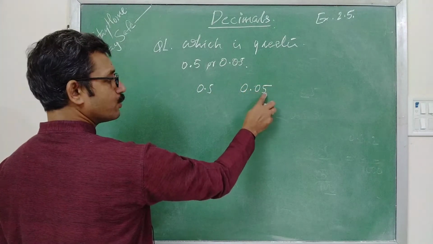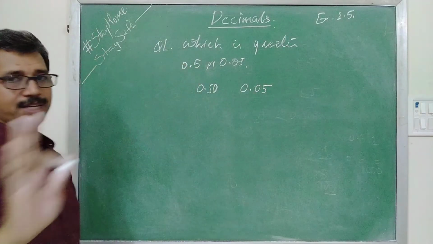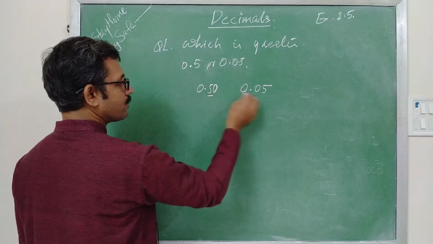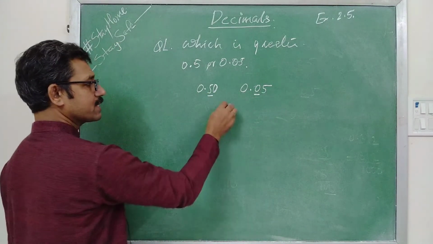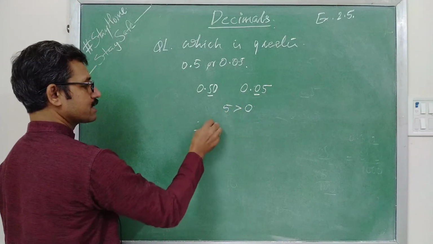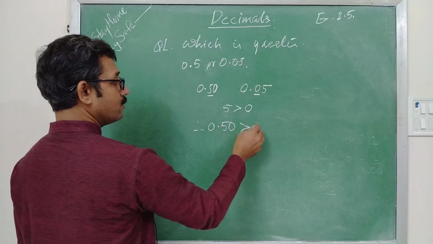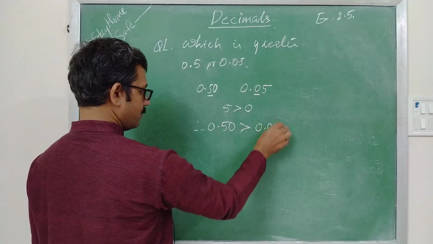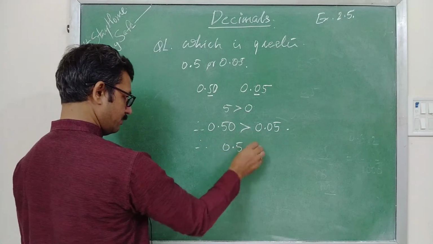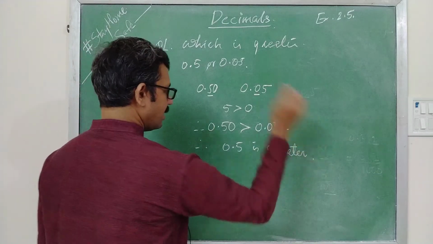Here there are 2 decimal places, here only 1 decimal place. Now we can put 0, there is no value for that. Now we have to do the comparison. Here 5, here it is 0, correct? 5 is greater than 0, correct? Therefore we can say that 0.50 is greater than 0.05. Therefore 0.5 is greater. Understand?